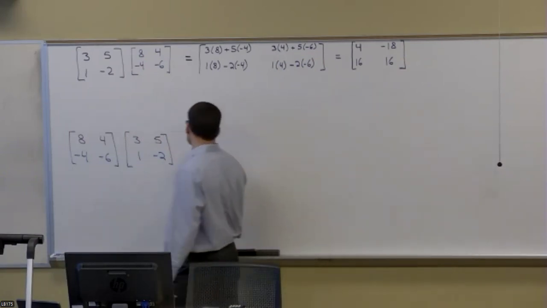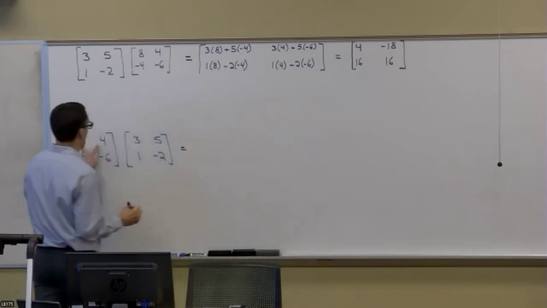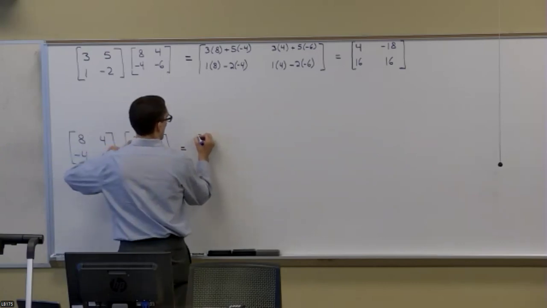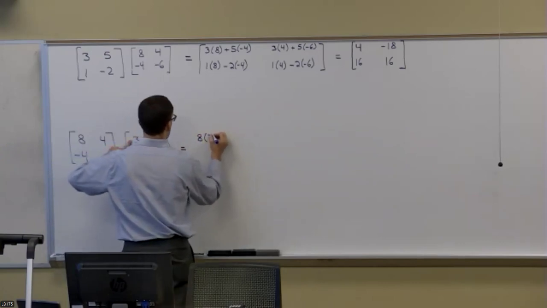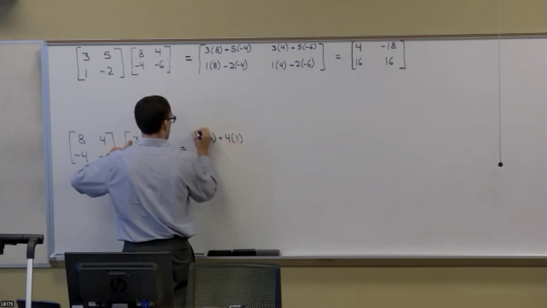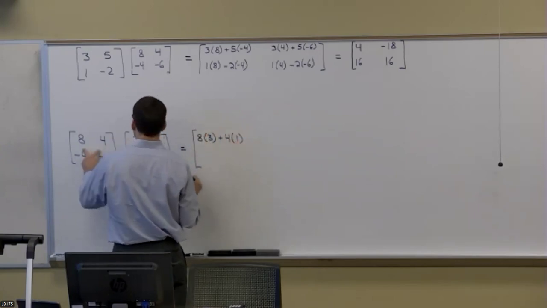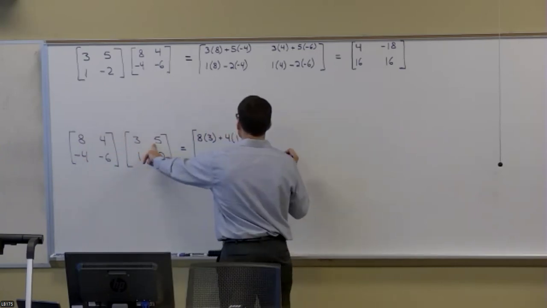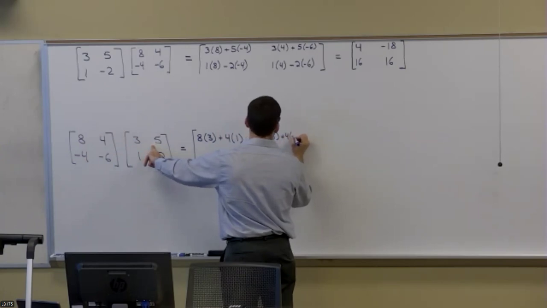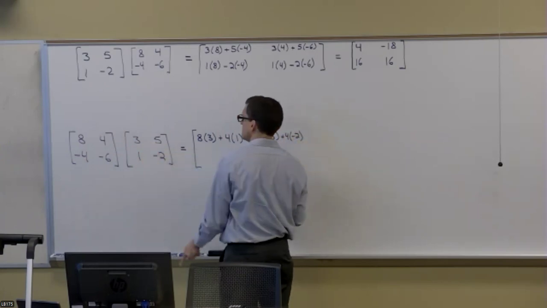Let's try this process. 8, 4 times 3, 1. So 8 times 3 plus 4 times 1. 8, 4 times 5, negative 2. That's 8 times 5 plus 4 times negative 2.